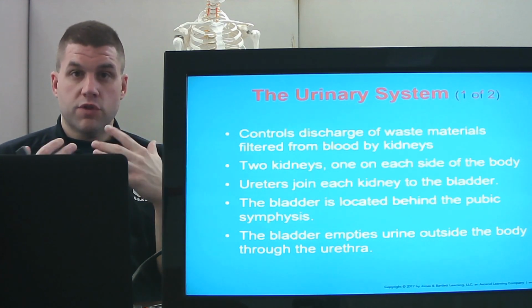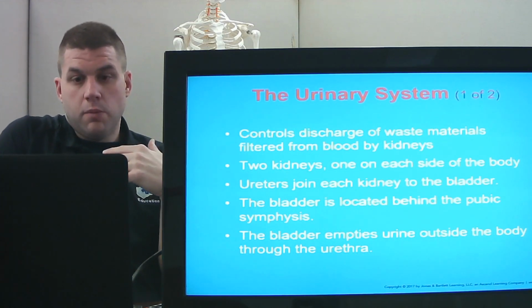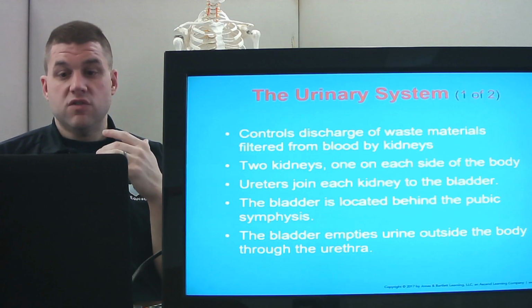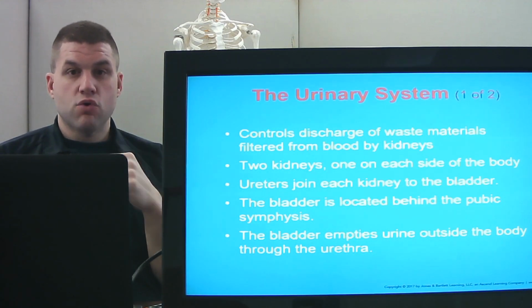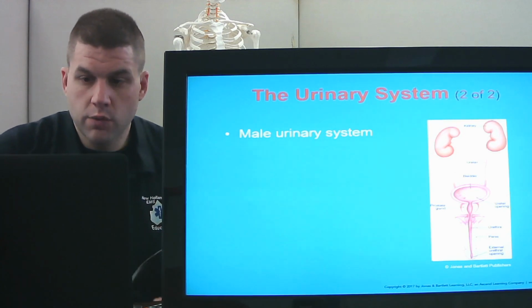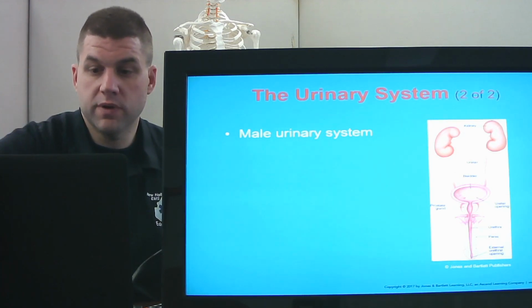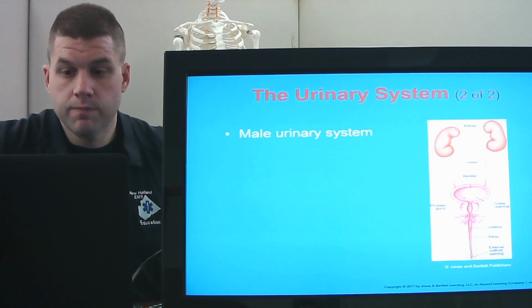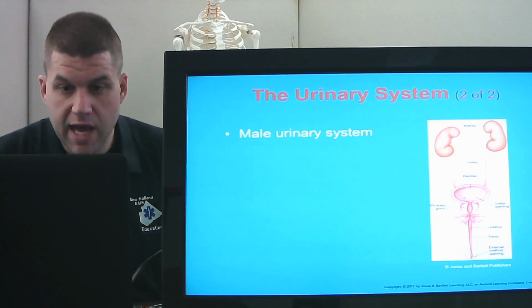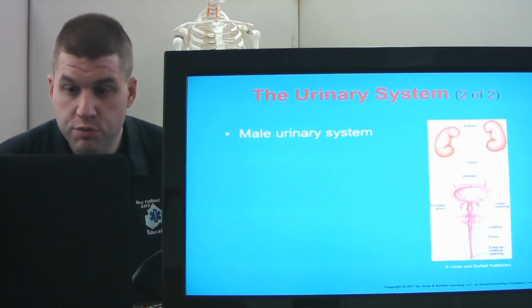If you're familiar with the pubic symphysis, you'll understand that the bladder is right behind it, maybe just a little bit above. The bladder empties urine outside of the body through the urethra. And here you see the bladder would sit just behind the pubic symphysis, the kidneys being retroperitoneal, and this is male anatomy. So you see the urethra exits through the penis.